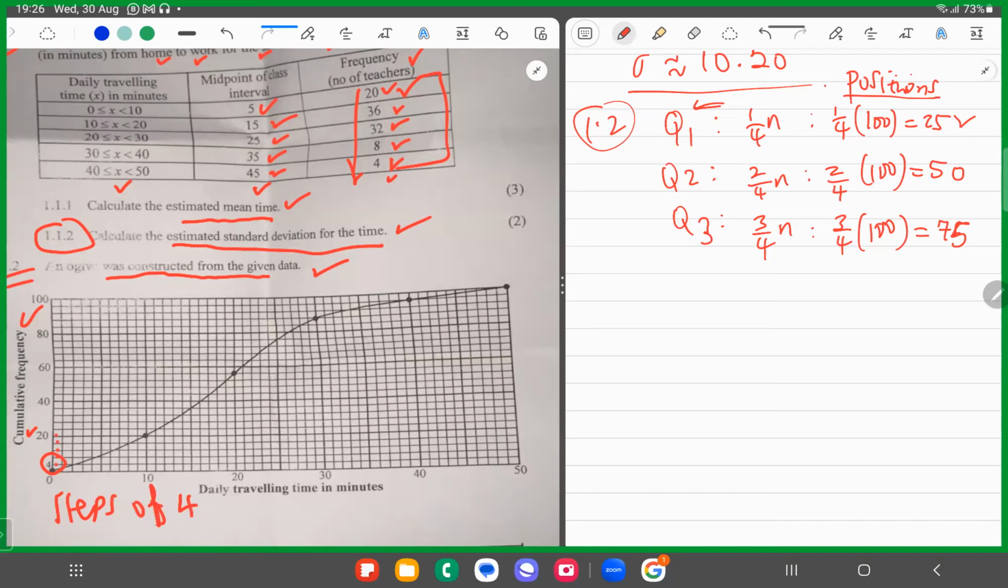Steps of 4. So now, if you are to look for half of 100, it's going to be at approximately 25. So therefore, it's going to be 20 plus approximately a 4 and slightly higher than that. If it is slightly higher than that, what does it give us?